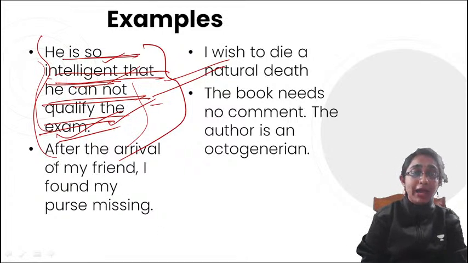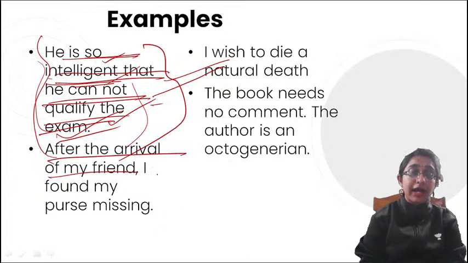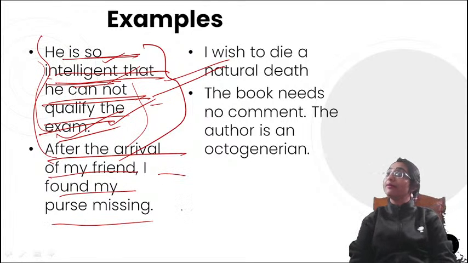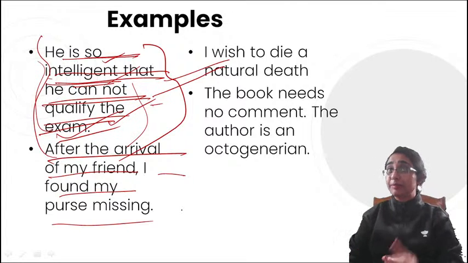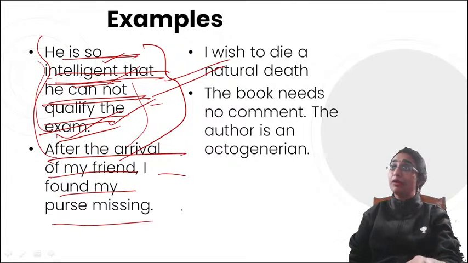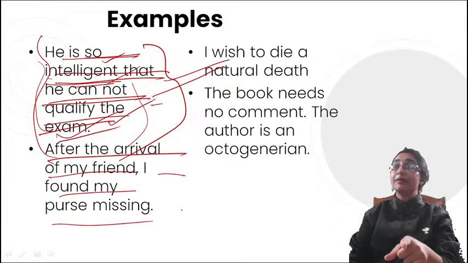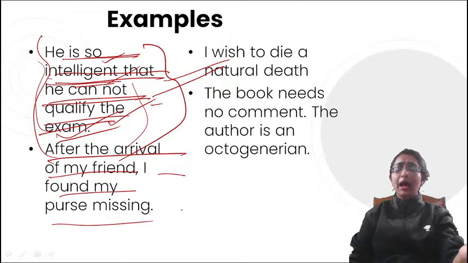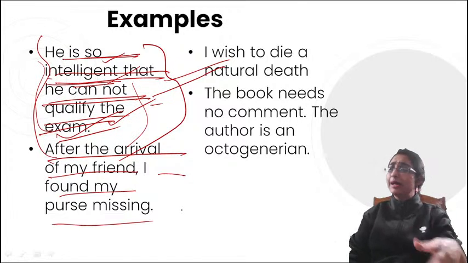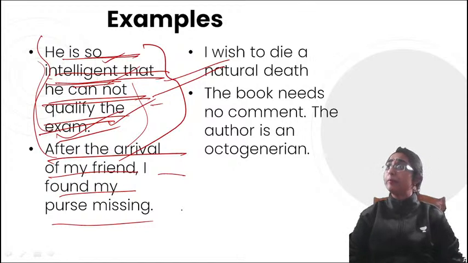The next example: after the arrival of my friend, I found my purse missing. I am not directly saying that my friend has stolen my purse, but the indication is that my friend is the main culprit. I am just saying that after your arrival, I found my purse missing.